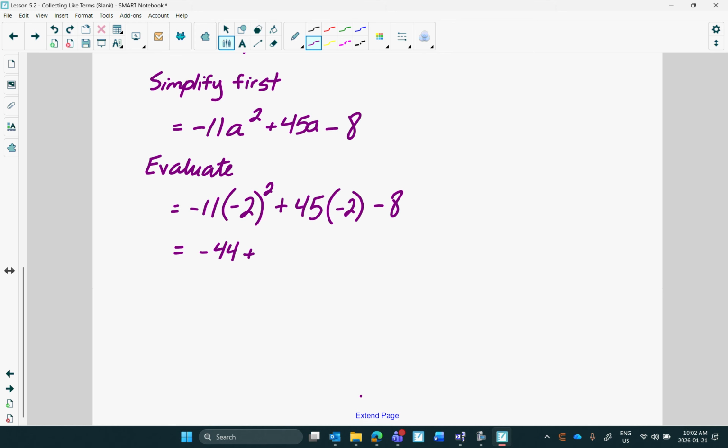What's 45 times -2? -90. And that's going to just change to a minus. So you didn't even have to write the plus minus. You could have just written minus. And then a -8. So just remind yourself that this is a minus. So now they're all negatives that we're combining. So it's like 44 and 90 and 8 with a negative in front, which would give us -142.